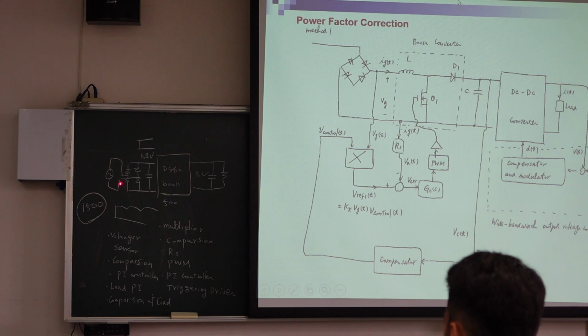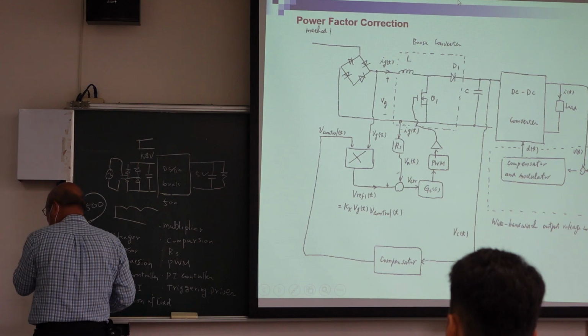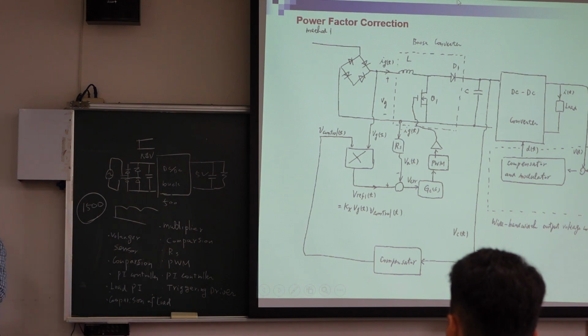I don't care about the input current, right? But then you cannot sell in some countries. So your boss still asks you to finish your job at a low cost. So what can you do? So this is a challenge. So how can you reduce the cost but still get PFC?